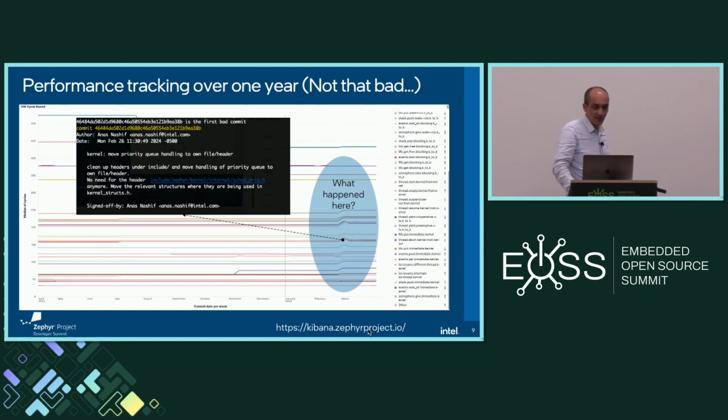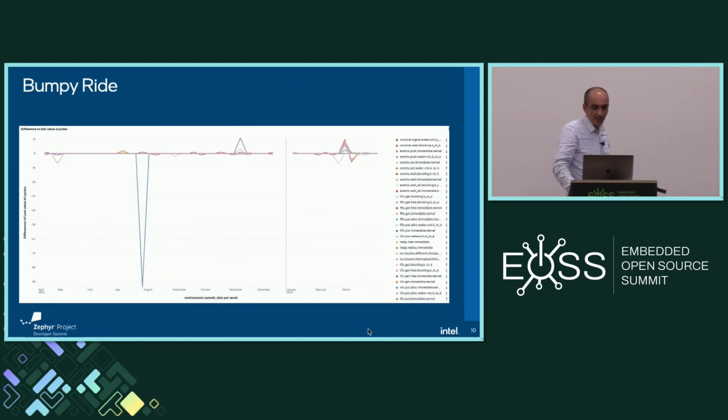So this is one. This is also part of the dashboard. We are using Elasticsearch, and this shows the difference on a weekly basis. Every week since last year, I would go and run the benchmarks, and this shows the difference from the last value.